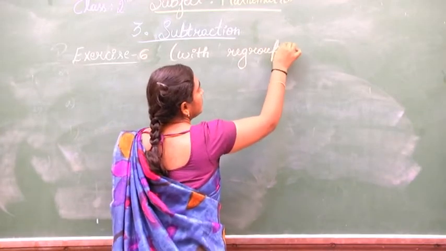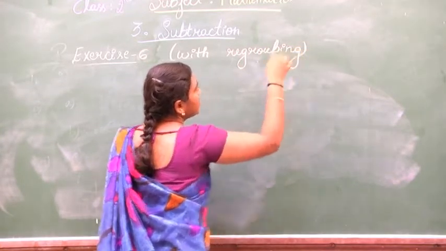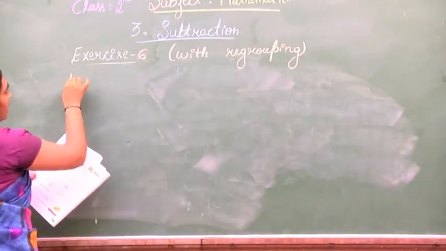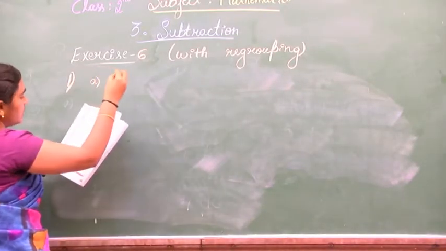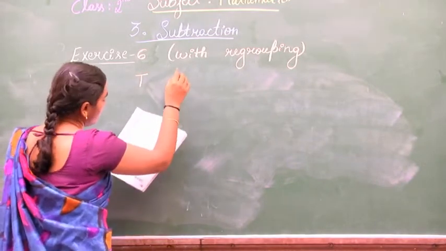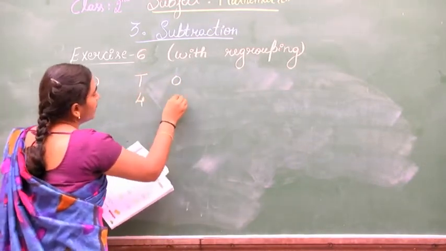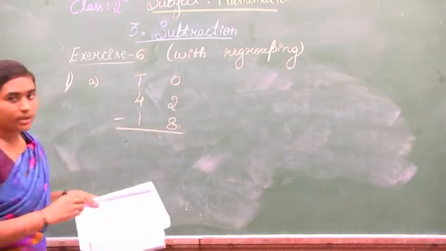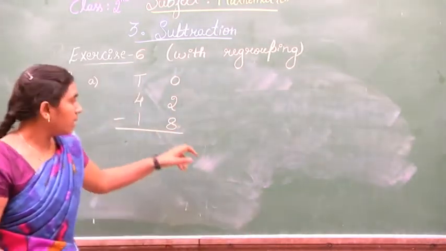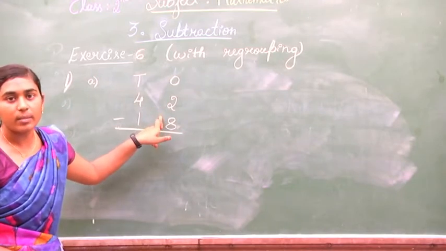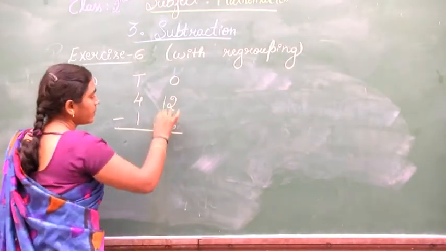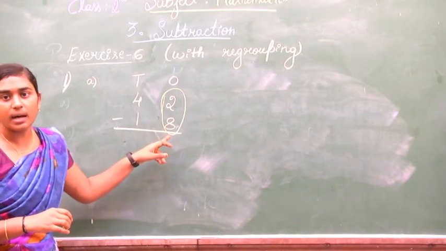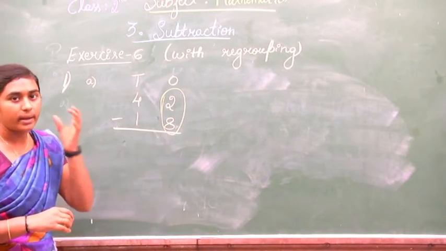Exercise. First question, tens and ones, 42 minus 18. As you can see, the numbers in the ones place are 2 and 8.